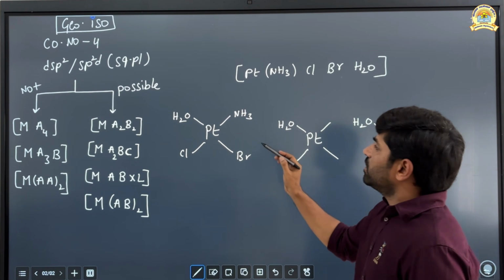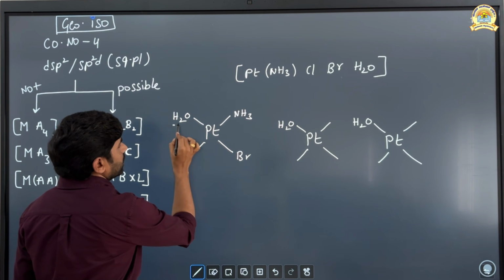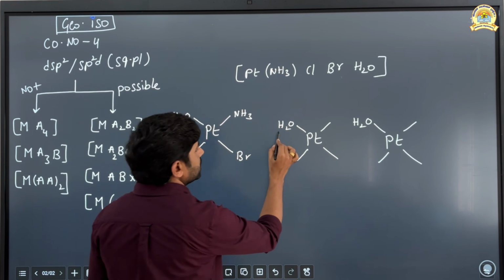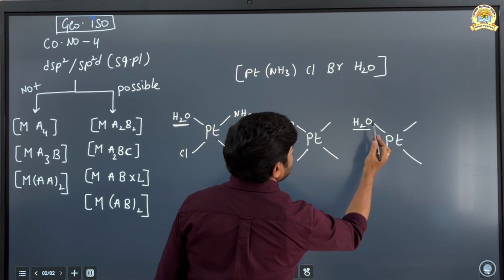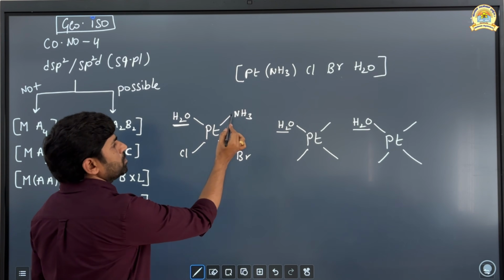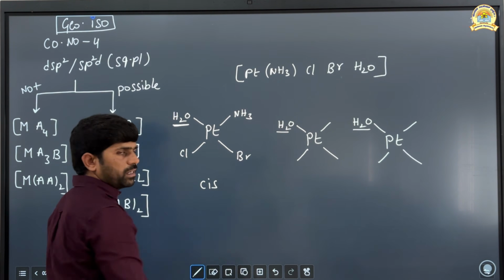First you fix the position of one ligand. For example, I am going to fix the position of the H2O ligand in all cases. Now with respect to H2O, NH3 is at an adjacent position, so this is a cis isomer.